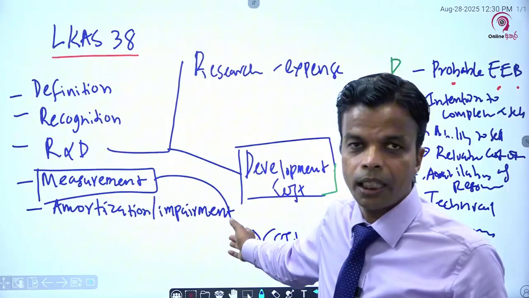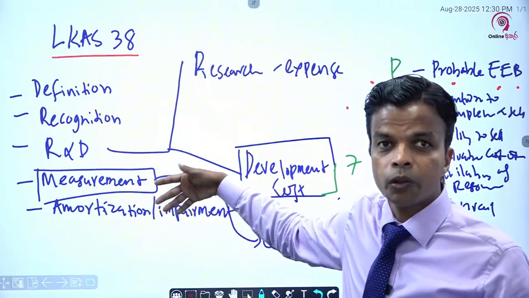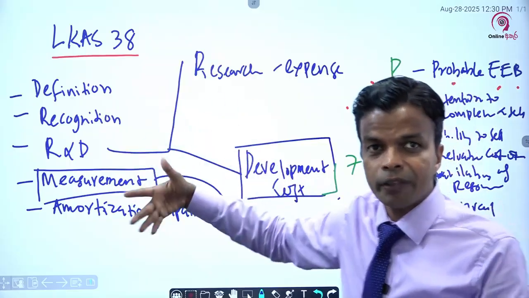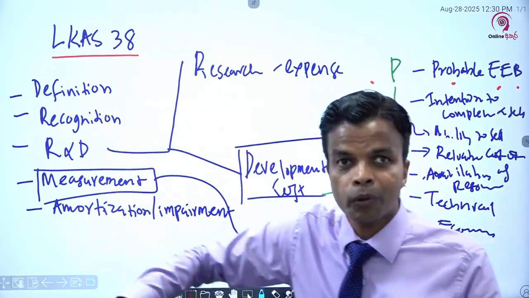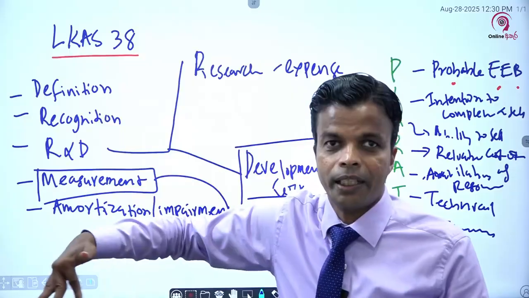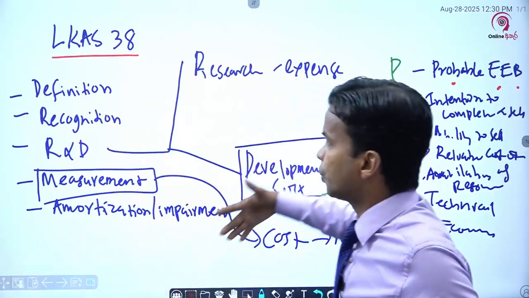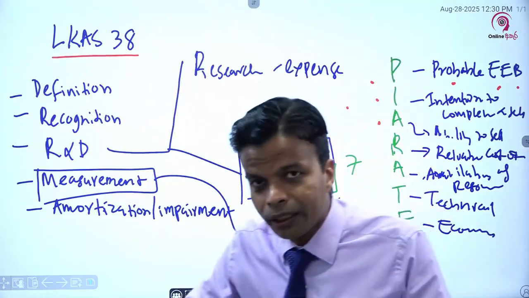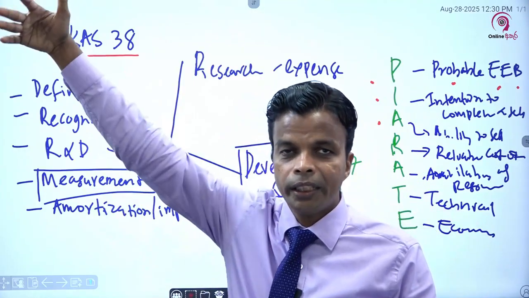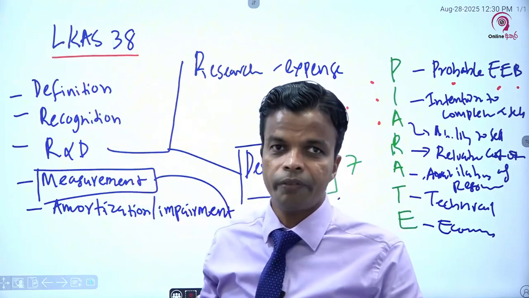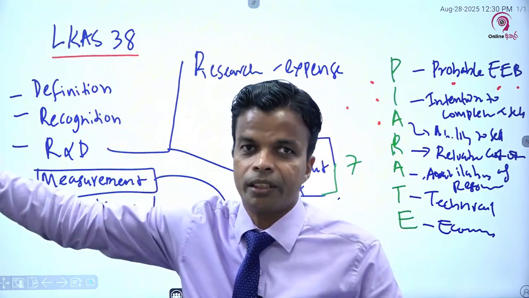Like, let's say for example, development cost you can't capitalize this year, maybe next year. So it's a kind of intangible asset, but in the process of completing, right? Not completed yet, not ready to use, right? The other intangible asset could be indefinite useful life intangible like goodwill. Goodwill, you don't have a definite useful life, it's indefinite.